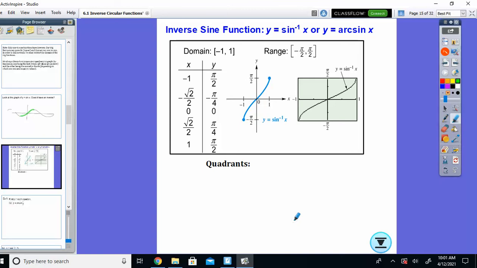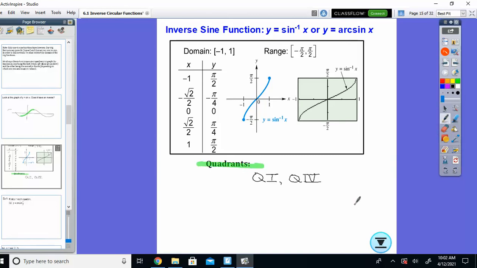So in that box on the bottom of your first page, you need to fill in your domain and your range. The most important piece, what I need you to get from today. We're talking about a lot of the information, but really what it's going to come down to, the piece I'm going to assess, is evaluating these problems. You have to know the quadrants. For sine inverse, we will be in quadrant 1 or 4.